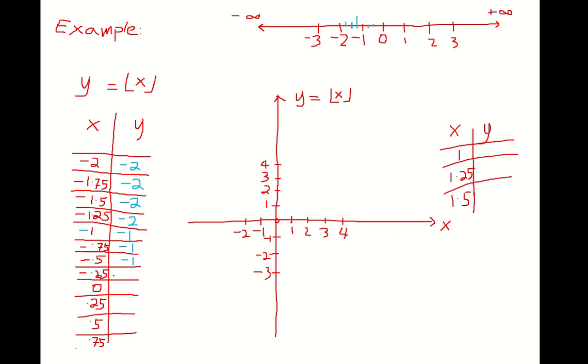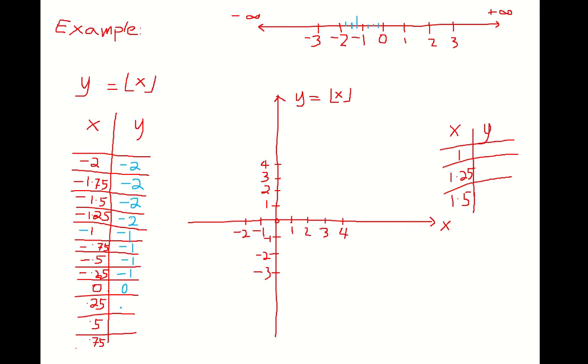How about negative 0.25? Negative 0.25 is somewhere here. So we round this down, not to 0 because 0 is greater than negative 0.25, so this should be rounded down to negative 1 also. And how about 0? 0 rounds down to the same, 0.